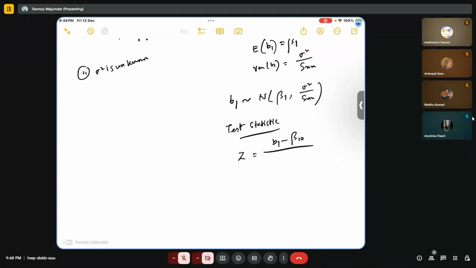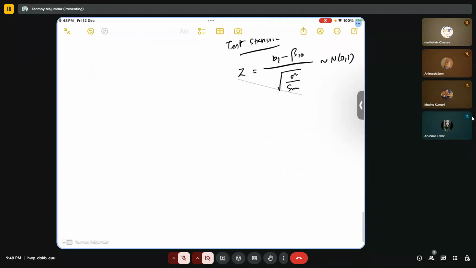And in the denominator will be the standard error, which has the variance term sigma square by Sxx. Okay. So now that will be distributed as normal 0,1, just Z, normal 0,1. Are you following? So our decision will be: we will reject H naught if our Z, or we can write mod Z, is greater than z alpha by 2.